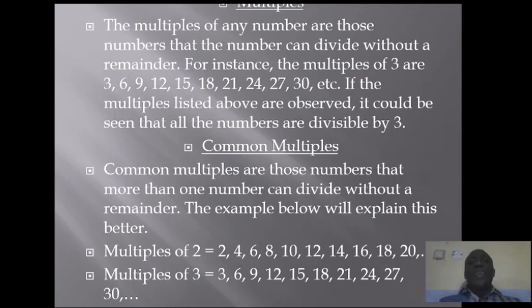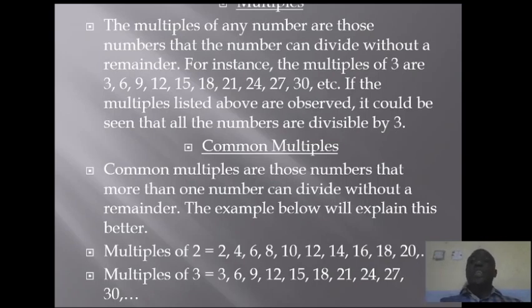Looking at the first factor, multiples. Multiples of any number are those numbers that can be divided without a remainder. For instance, if we are looking at the multiples of 3, we consider numbers that 3 can divide without remainder: 3, 6, 9, 12, to infinity.